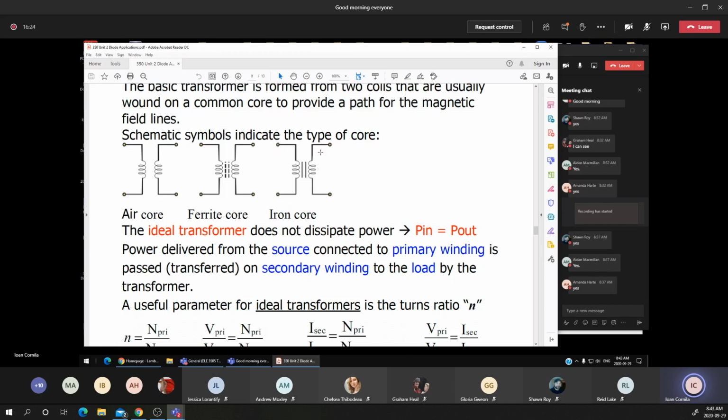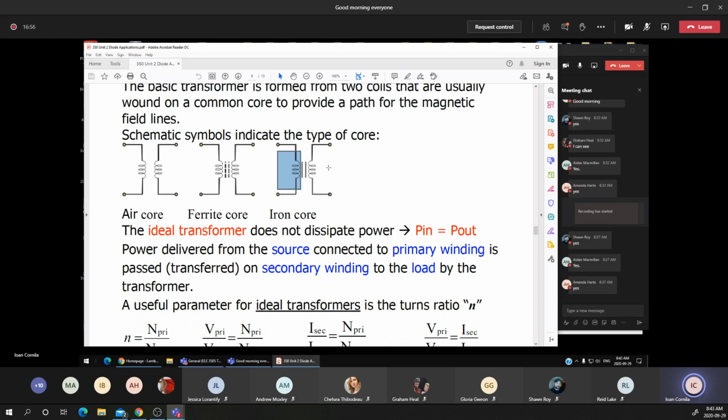You notice that I have the left side and the right side of the transformer. If I'm connecting the right side of the transformer to a load, that winding becomes the secondary winding. On the left side, if I'm connecting this coil to a voltage source, that winding becomes the primary winding. May I reverse the two windings?